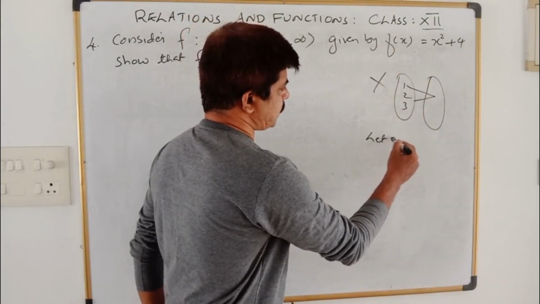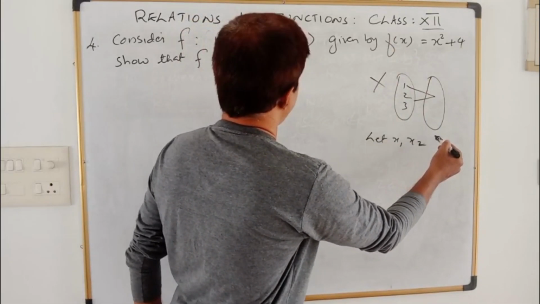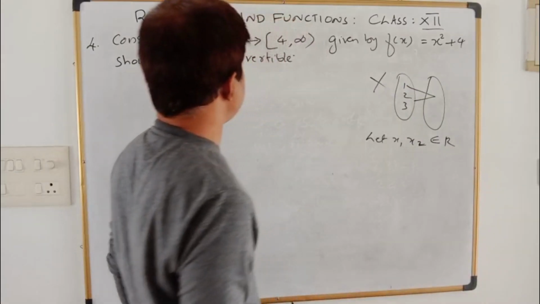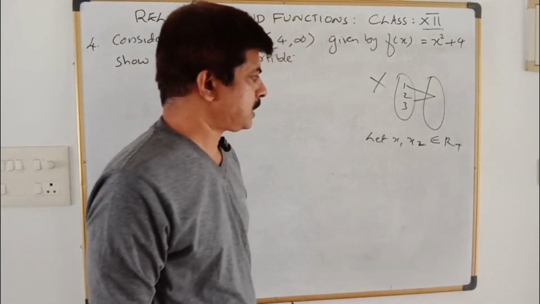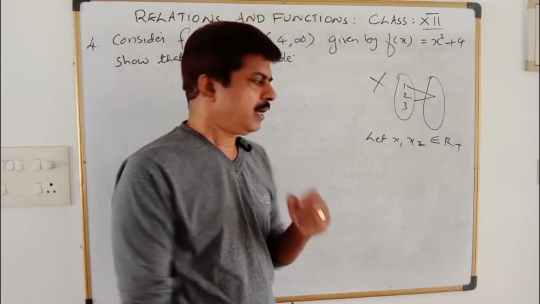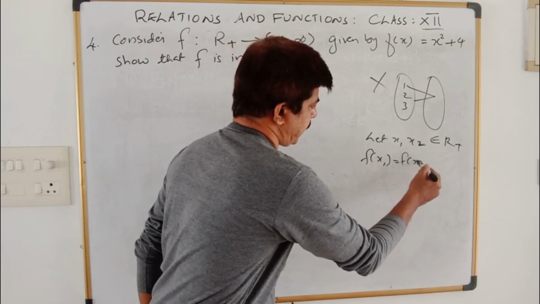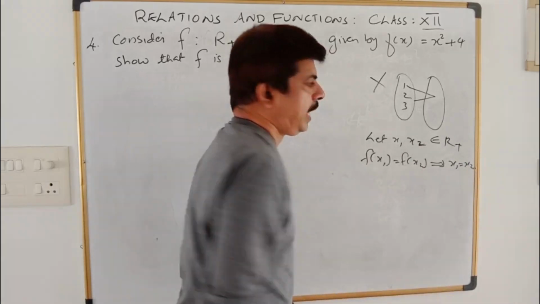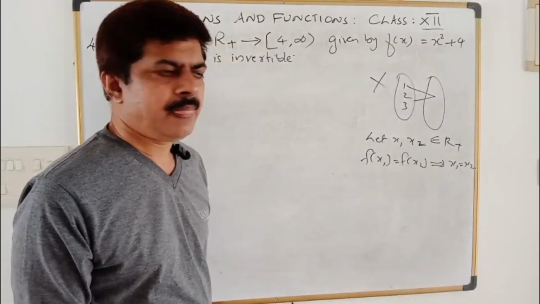Let x1, x2 belong to the positive real numbers, so we take two numbers from the positive real numbers. We have to verify f(x1) equal to f(x2) implies x1 equal to x2. Using that property, we can verify whether the given function is one-one.